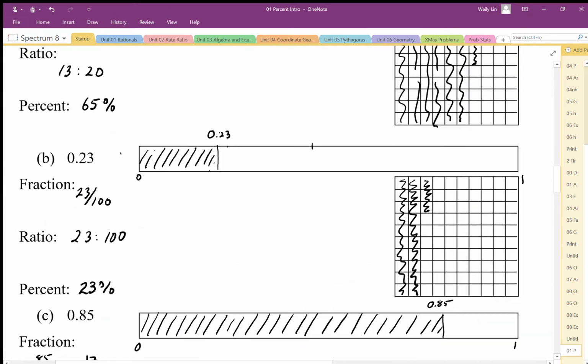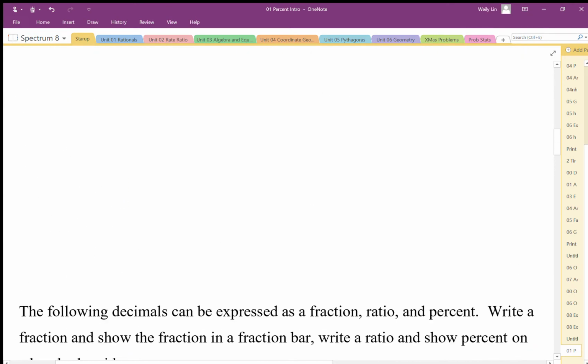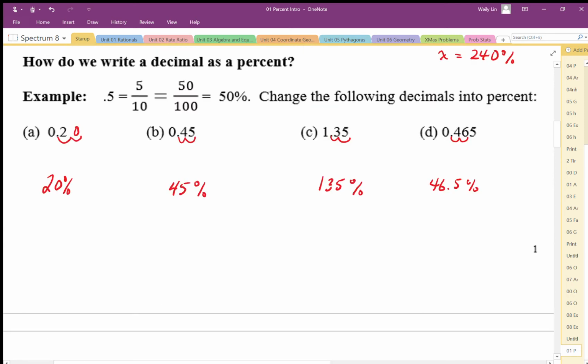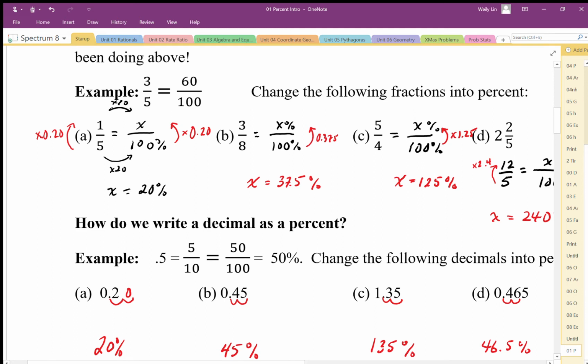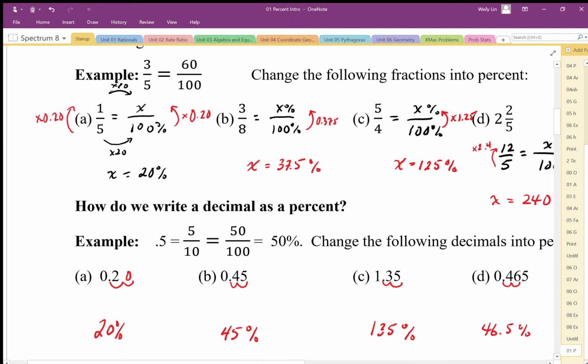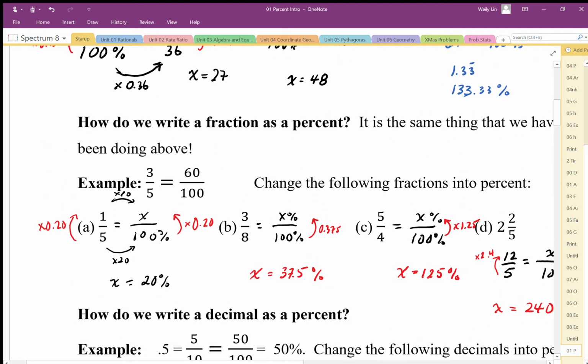In these questions that we did up here, if I want to have my percentage as a multiplier, that multiplier is going to be the up and down multiplier. So for example here, the 1 over 5, if I divide 1 by 5, I can find any multiplier by division. And then that up and down multiplier actually represents our decimal percentage. And we could either times or divide by that multiplier.